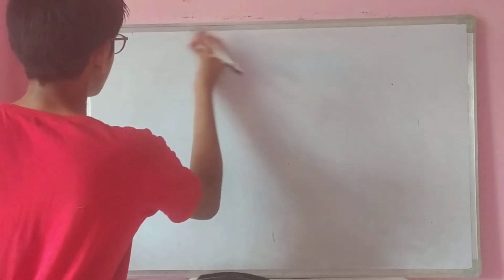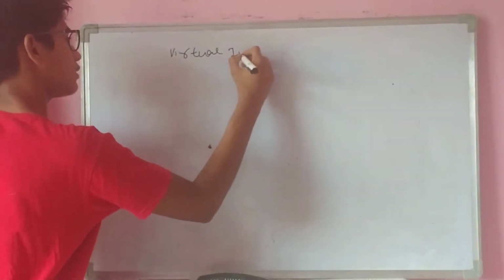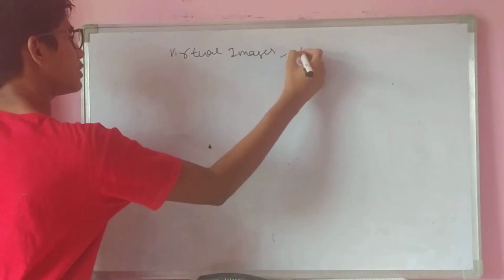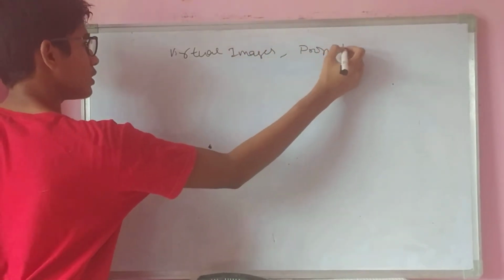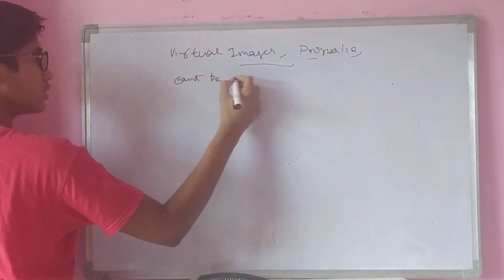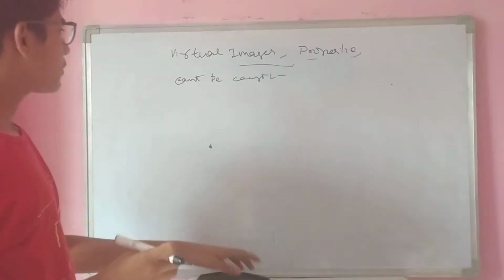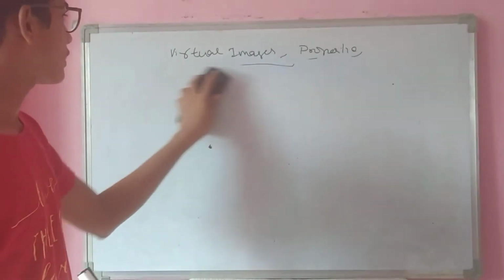In the previous video we had discussed virtual images and their properties. The image that can't be caught on a screen is called a virtual image.